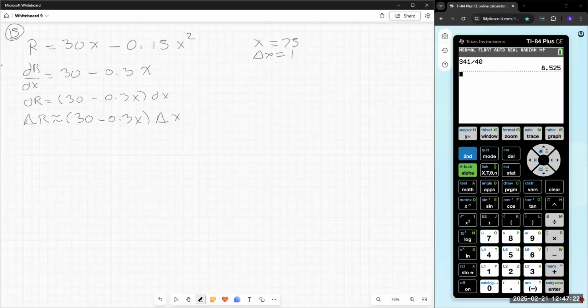So delta r is approximately 30 minus 0.3 times 75 times 1.